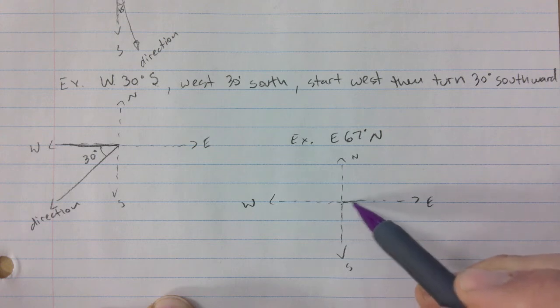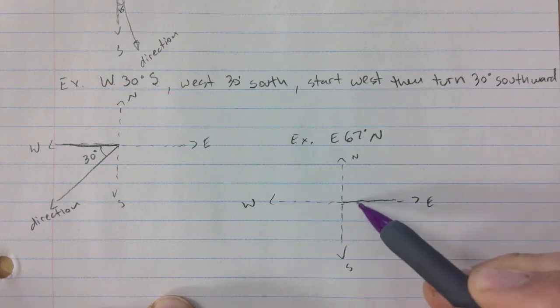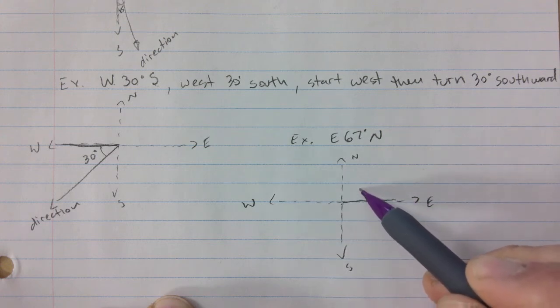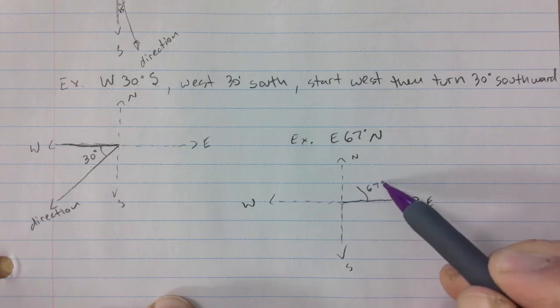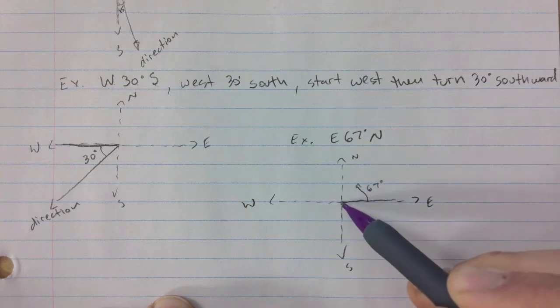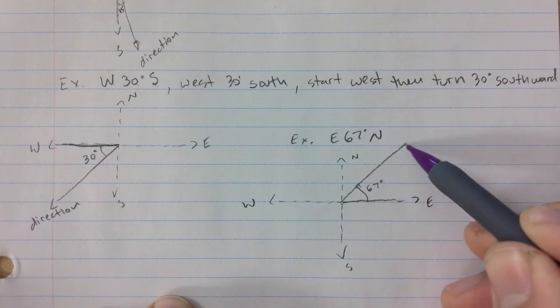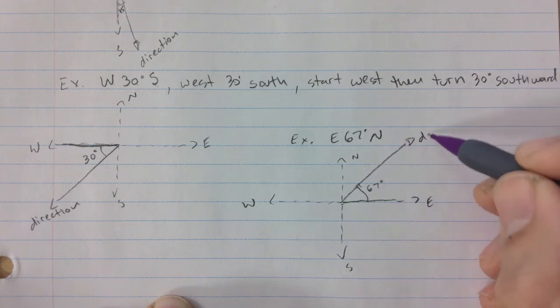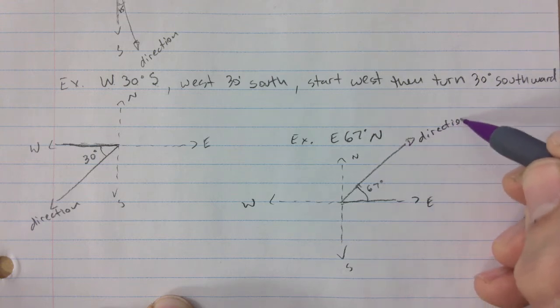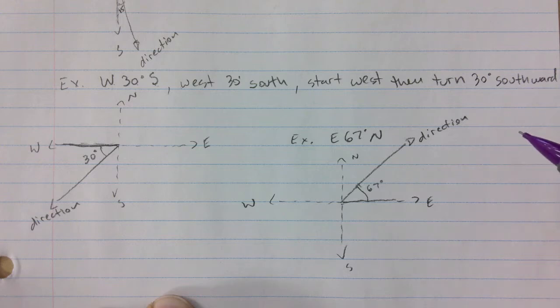So you'd start east and then turn 67 degrees towards north, and then that's your direction that you're actually taking. And the angle is right there.